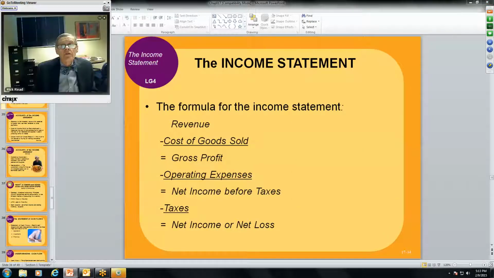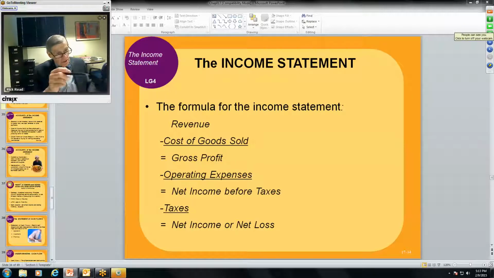And then here's the income statement once again, and there's a formula for this. Revenue minus cost of goods sold equals gross profit. I want to read these to you because it's important to get them down. Operating expenses, gross profit minus operating expenses equals net income before taxes, and then minus taxes equals net income or net loss.